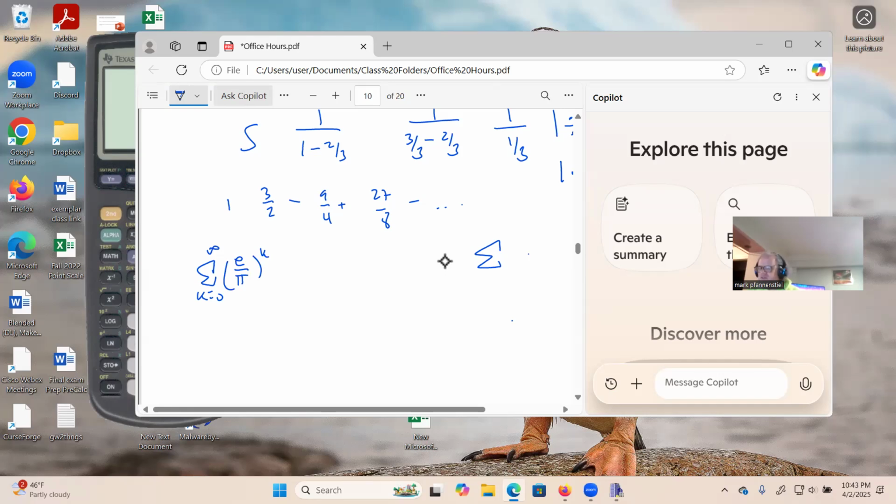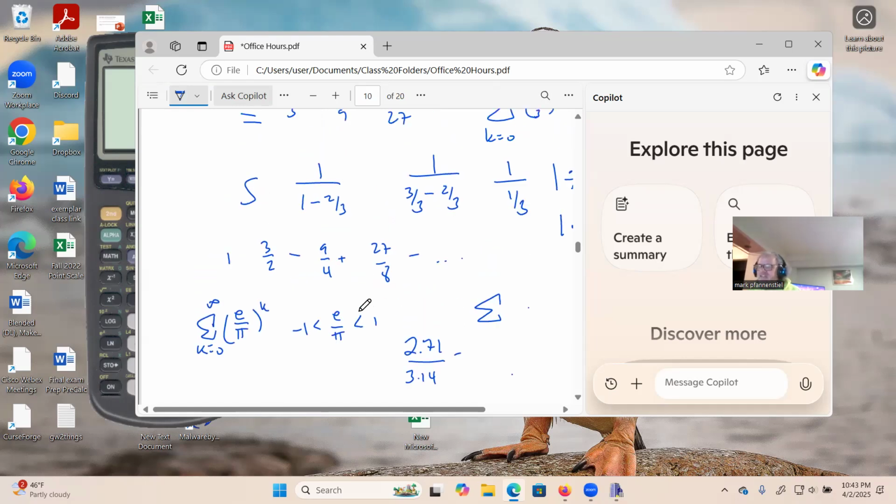First off, is e over pi a number between -1 and +1? We can always check with a calculator, but let's quickly look at 2.71 divided by 3.14. We don't need the entire infinite series to know that this is approximately 2/3, so it's going to be less than 1.